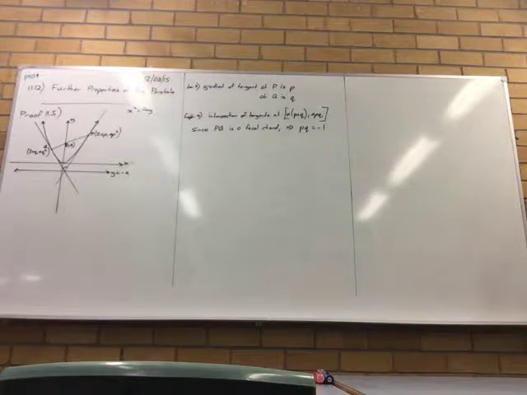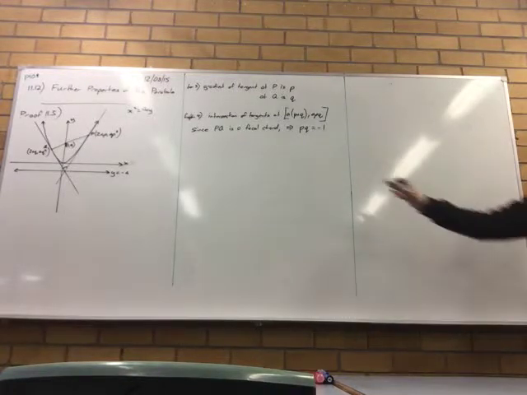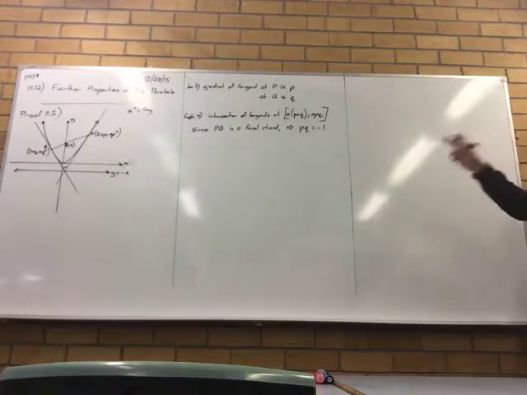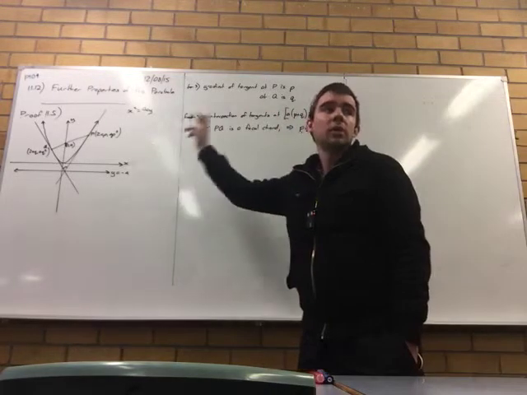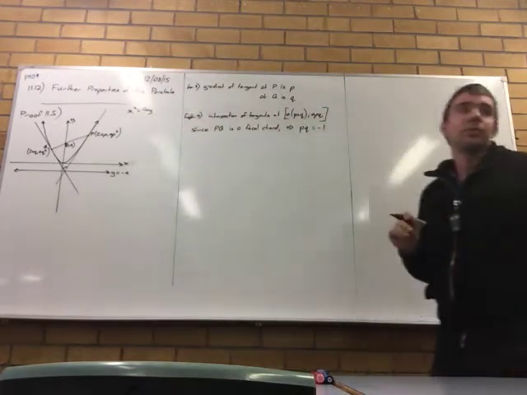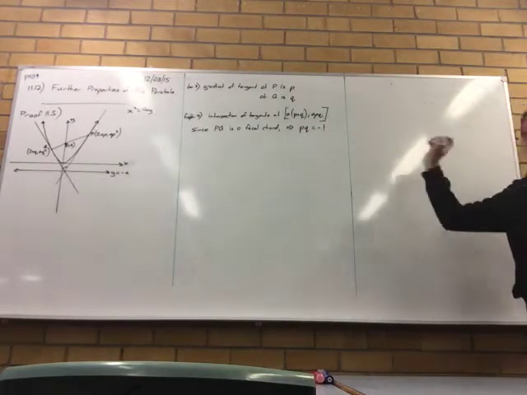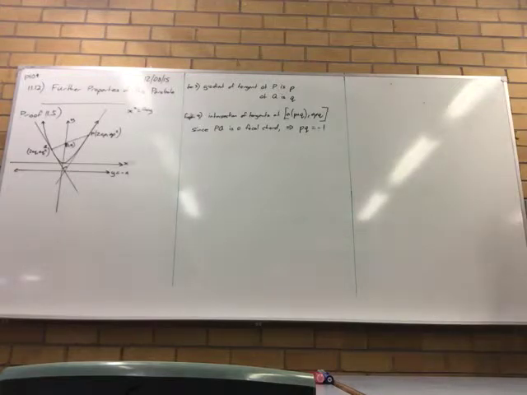Whenever you're working with focal chords, you need to know pq is -1. We can derive that by finding the equation of the chord and then substituting the point of the focus, and you'll get this equation. But it saves you a lot of time if you can remember that.